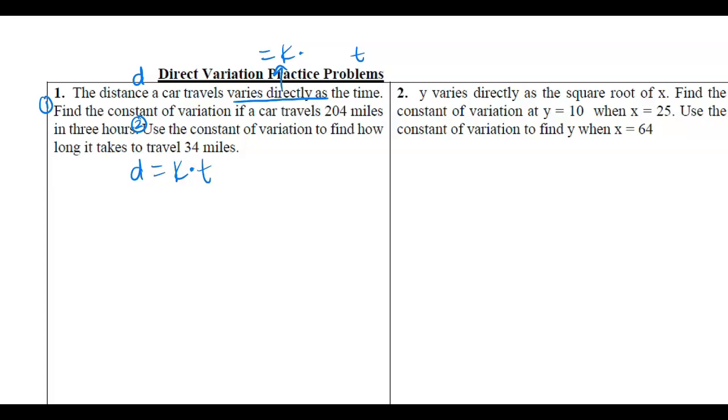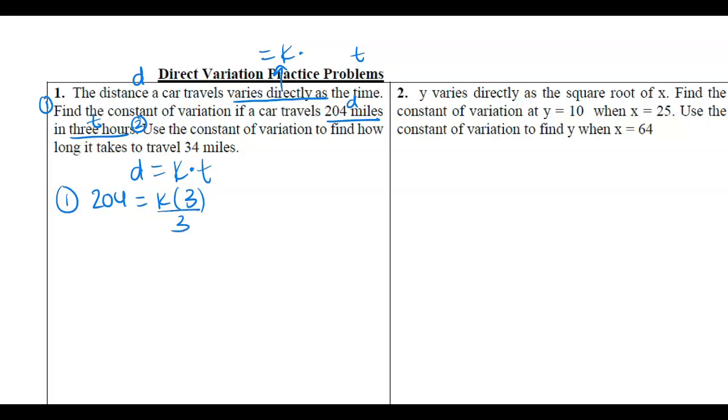That's my equation. So in this equation, we need to do step 1, which is to find the constant of variation if your car travels 204 miles in 3 hours. Well, 204 miles, that's a distance. And 3 hours, that's a time. Take d and t, plug it in. So 204 is going to equal k times 3.